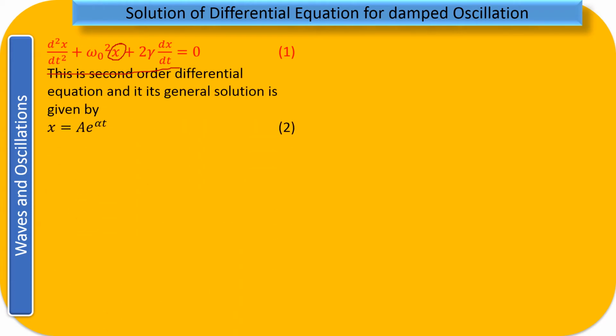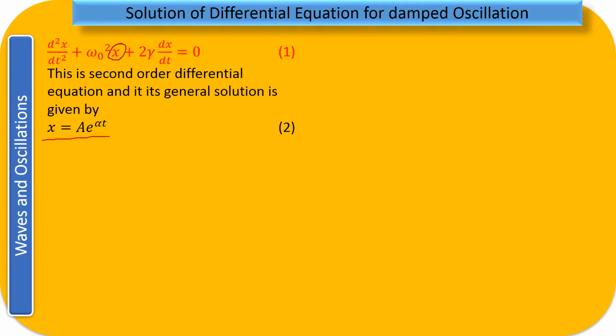Now this is a second order differential equation, and the general solution of this can be given as x = a e^(alpha t). You can also write x = a sin(kx minus omega t), or a e^(i(omega t minus kx)). Whatever you wish you can write, but now you see it in this form.